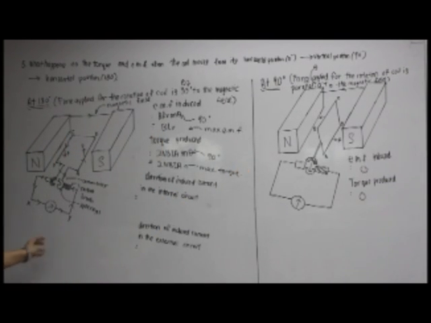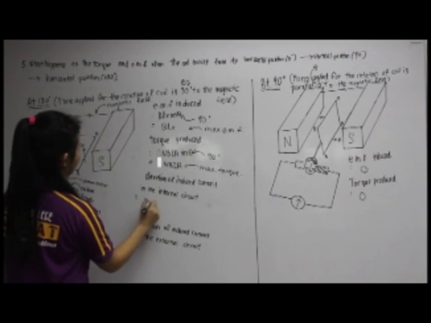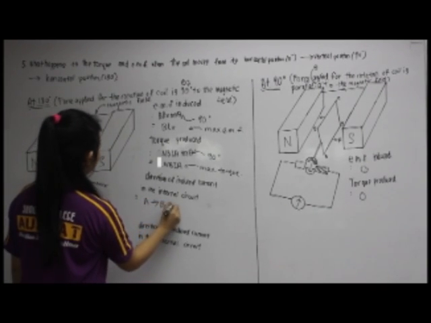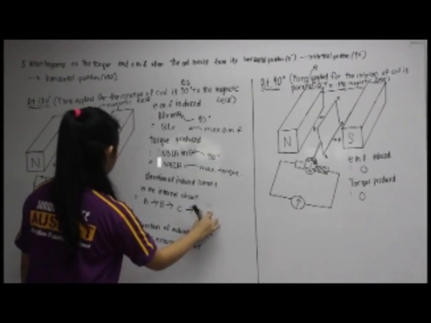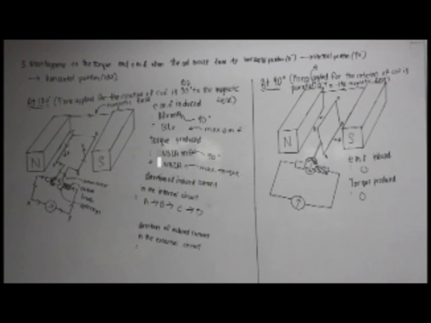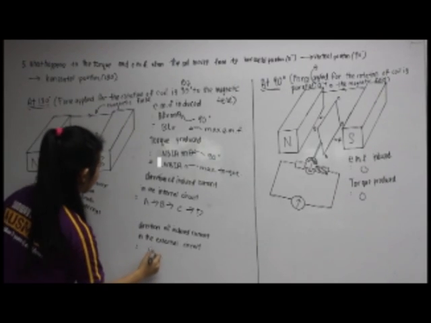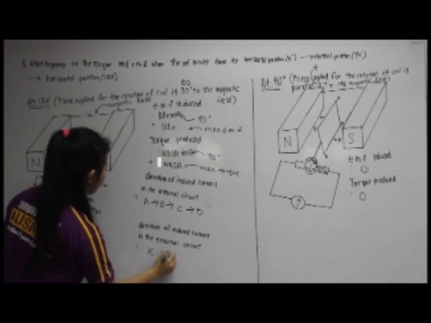So the direction of induced current in the internal circuit will be from A to B to C to D. And the direction of current in the external circuit will be from X to Y.